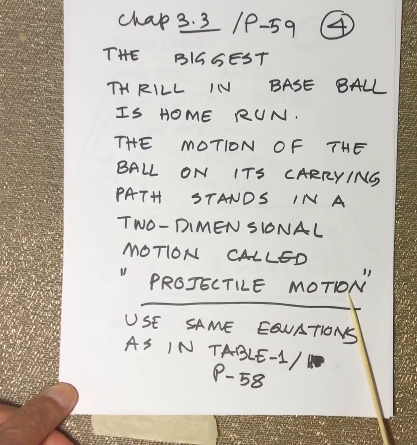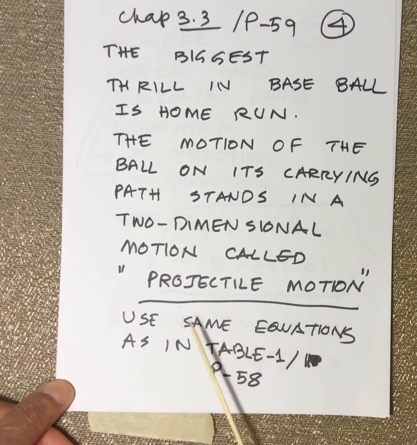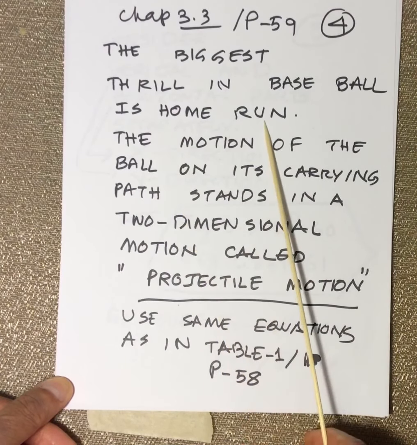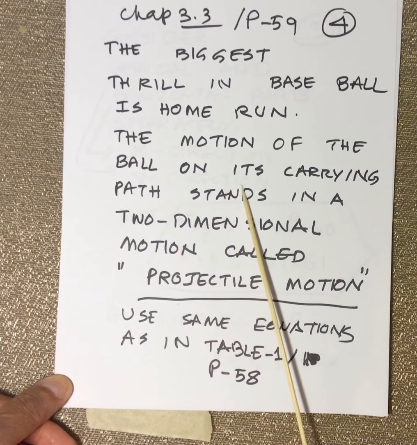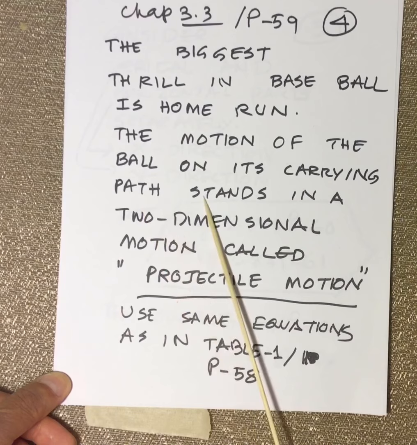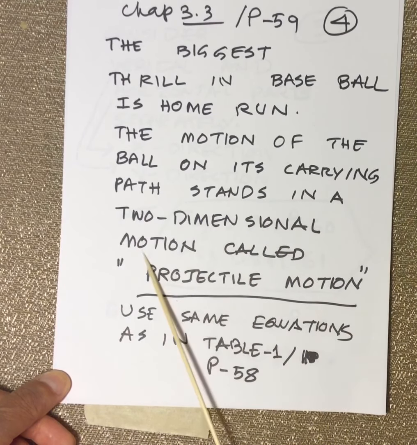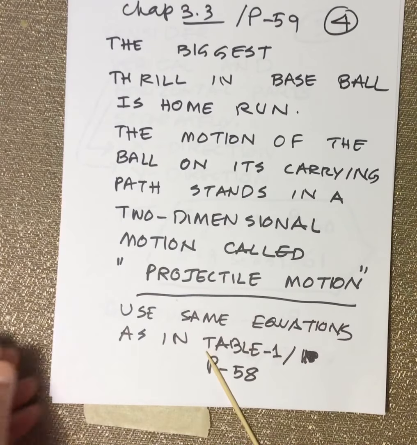And why is it called projectile motion? It's something like a baseball, as in a home run. The motion of the ball carries a path in two-dimensional motion, and it is called projectile motion.